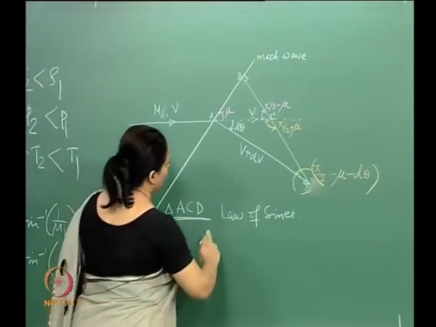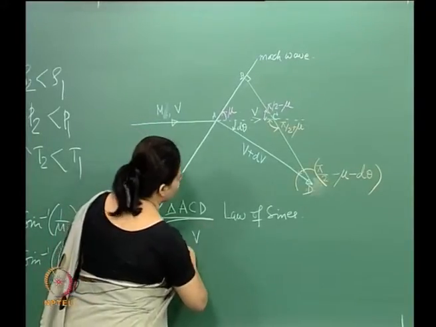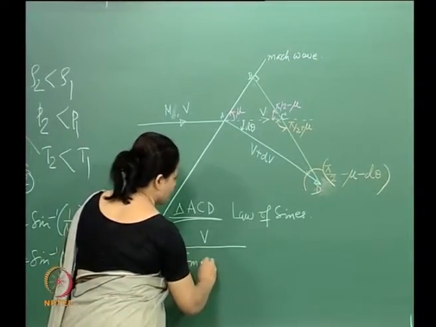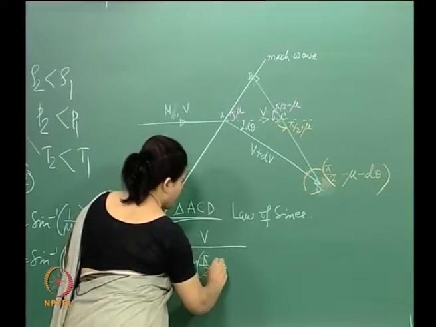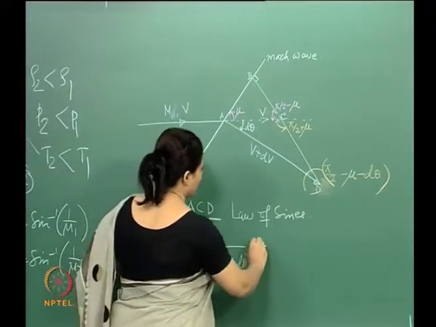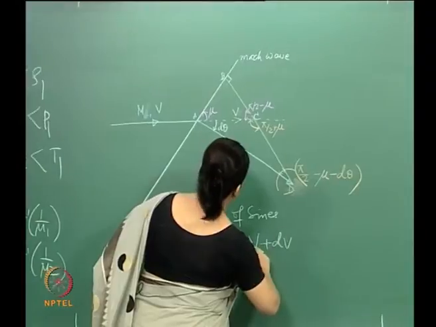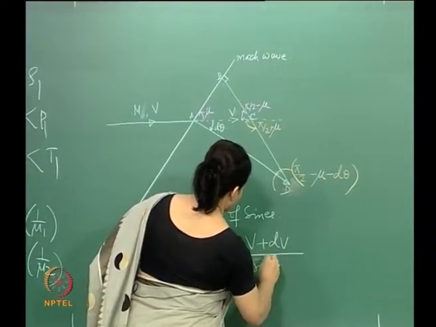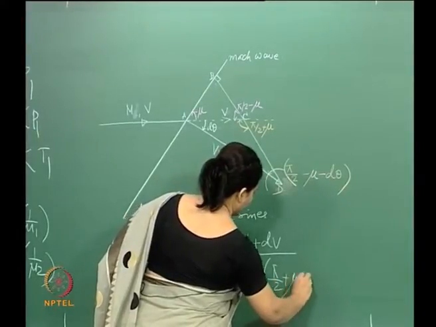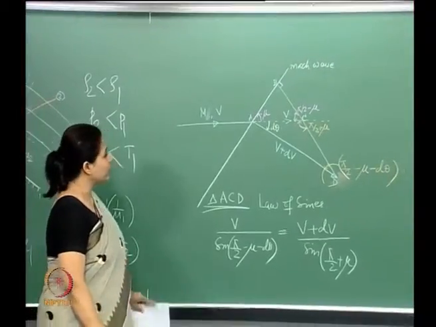So, if I use the law of sines, what we get is that v by sine of (pi by 2 minus nu minus d theta) is equal to (v plus dv) by sine of (pi by 2 plus mu), right. This is what we get.